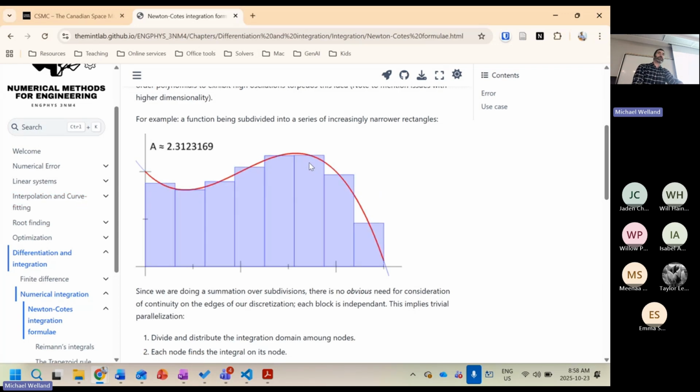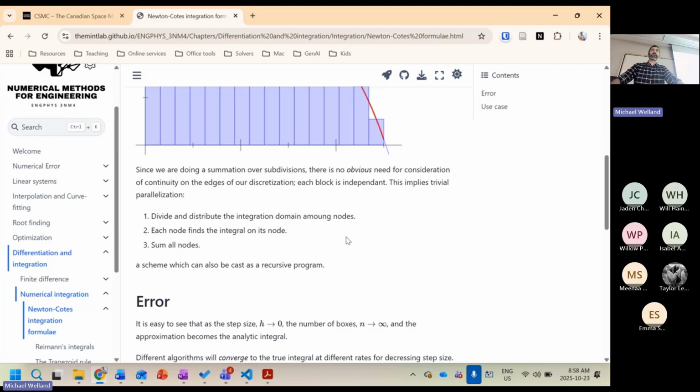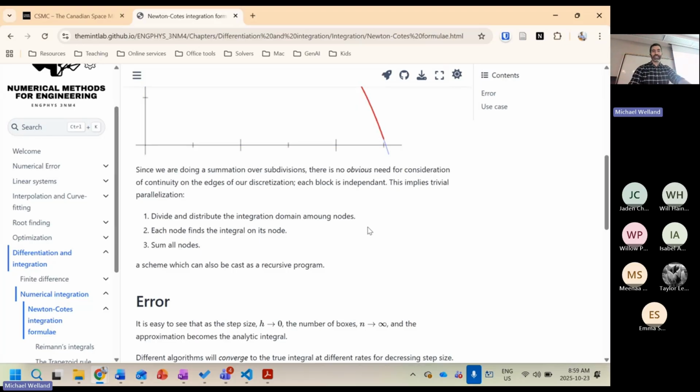Newton-Cotes doesn't have to be. It's not actually a problem. What that means is that you can parallelize it pretty well. So when you move on to multi-core systems, high-performance computing, you can spread it out, and that becomes a whole lot nicer. And it's also kind of a trivial formula, right? You do one side, you do the other side, everything adds together afterwards.